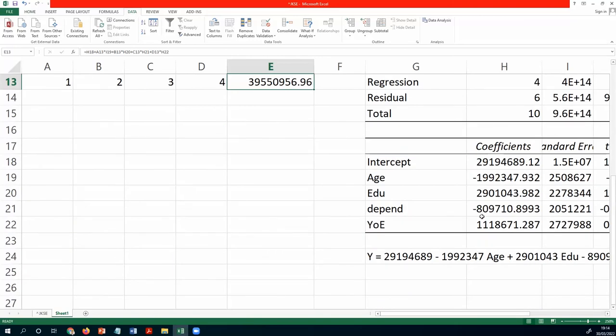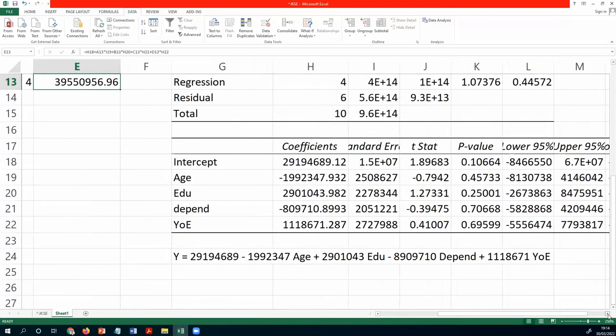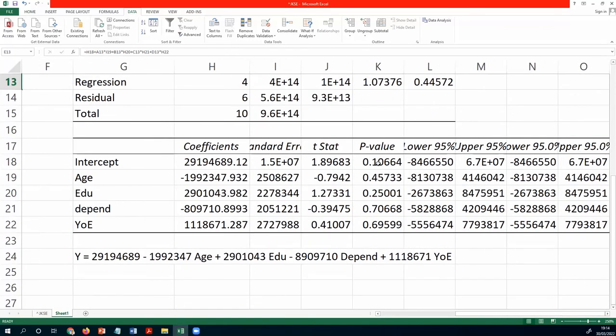So we have the coefficients in the result of the regression. Yeah. There is a p-value. If the p-value is below 0.05, it is significant. So there is no significant data because this is dummy data. And the p-value should be below 0.05, and the t-statistic should be above 1.96.